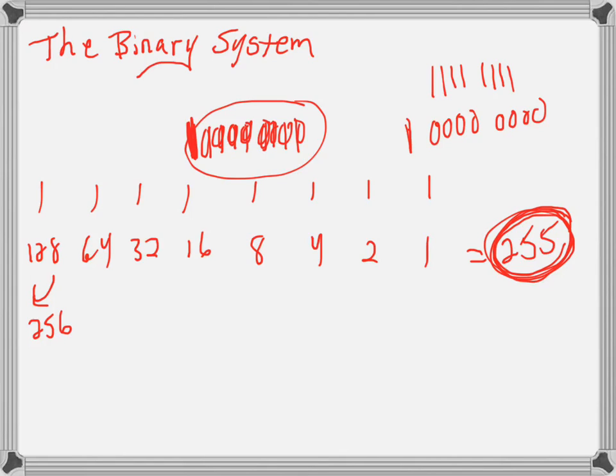Let's take a decimal number and try to write it in binary. Let's just do the number 22. We're going to try to write that in binary. So what I do is I write out my positions. I start with 1, and then 2, and then 4, and then 8, and then 16, and then 32, and then 64.